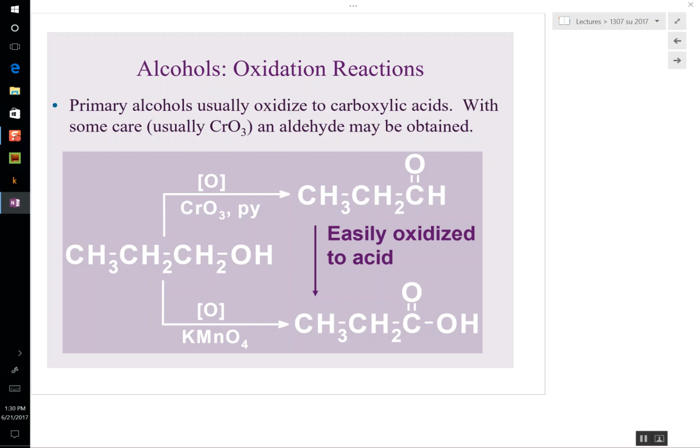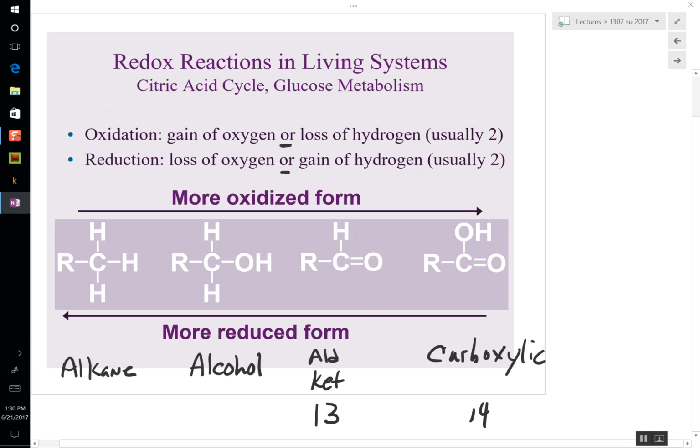So a primary alcohol can undergo two steps of oxidation. So a primary alcohol can go to an aldehyde and then all the way over to a carboxylic acid. Oxidation, further oxidation. Both of those are more oxidized forms of the original molecule.